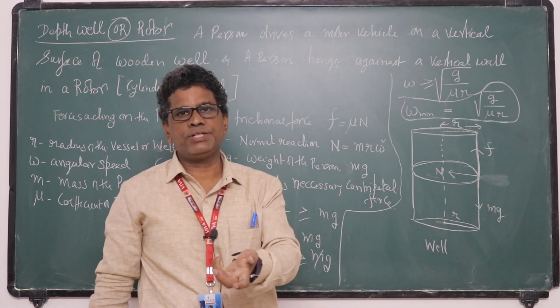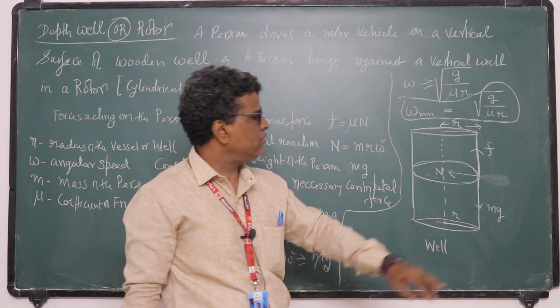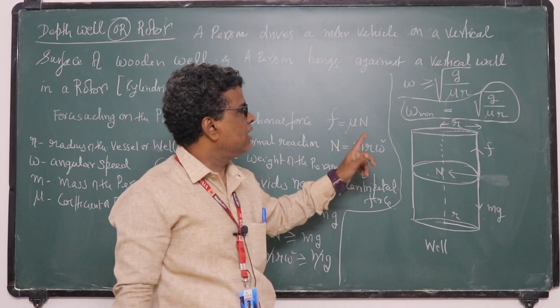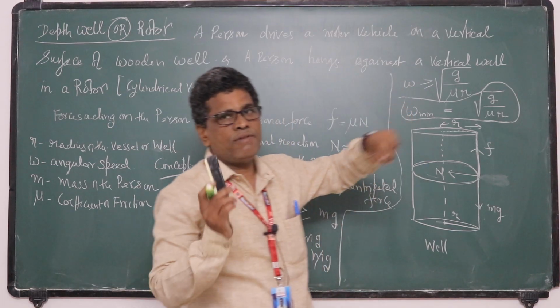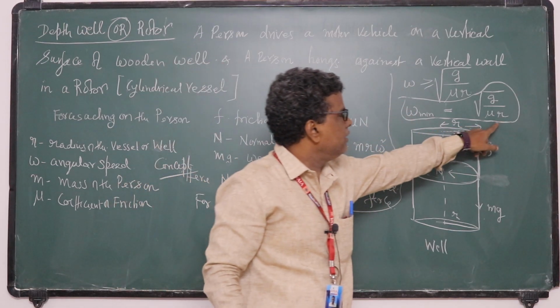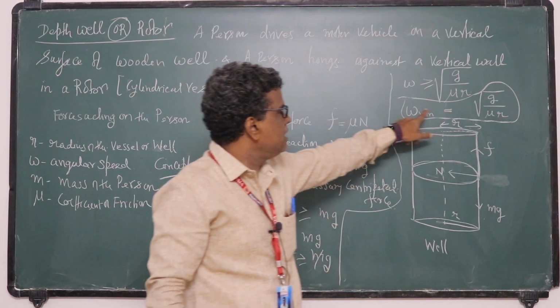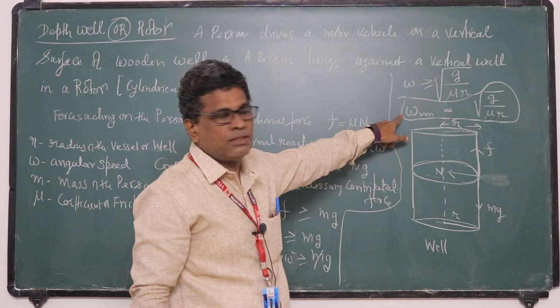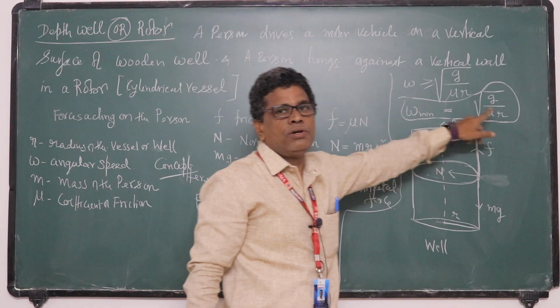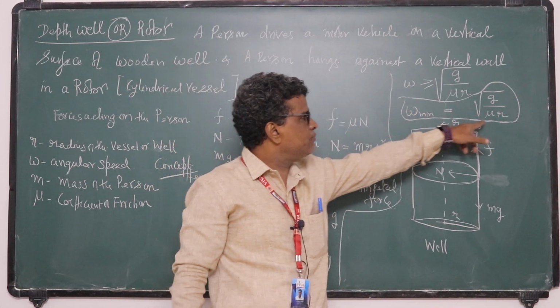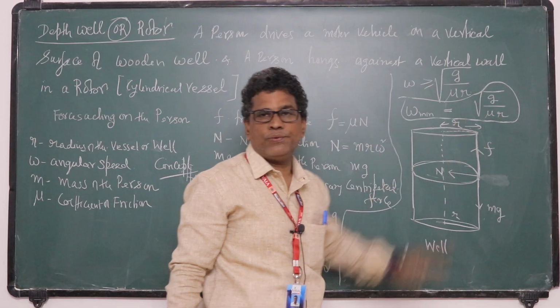If there is no friction, he will slip and fall down. R is the radius of this wooden cylindrical well. If the radius is less, he has to maintain more speed. If the radius is more, he has to maintain less speed. So the speed depends upon radius and mu.